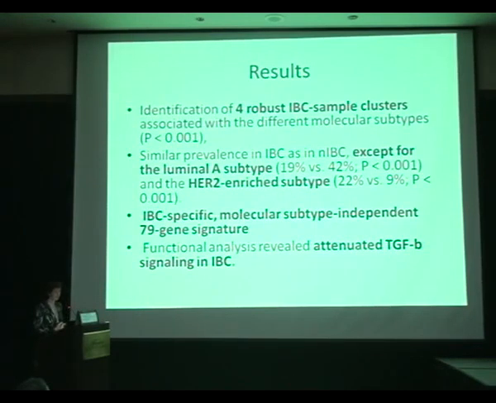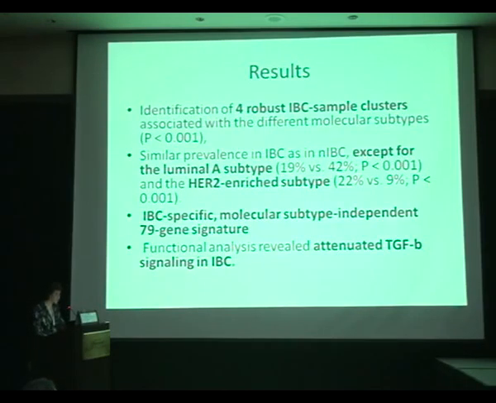So they have found that the biggest difference is that they have very few luminal A, so the so-called ER-positive, low proliferative group by immunohistochemistry, and they have a higher level of HER2 positive. They have 22% of HER2 enriched subtype, which is the HER2 positive, ER negative group.